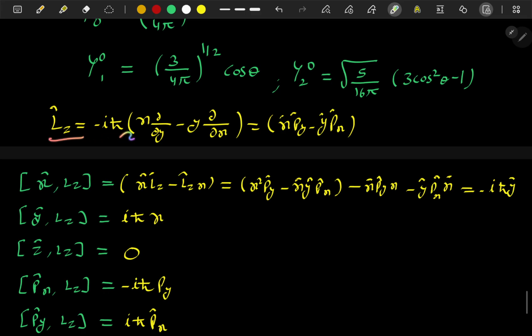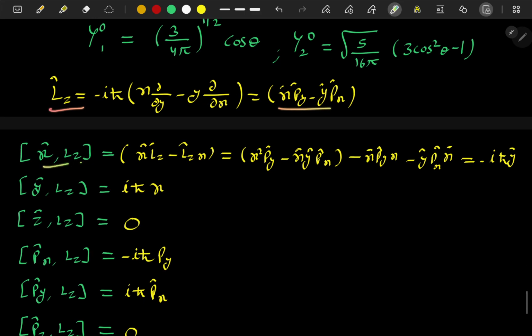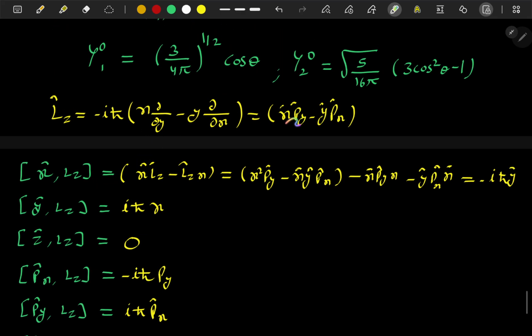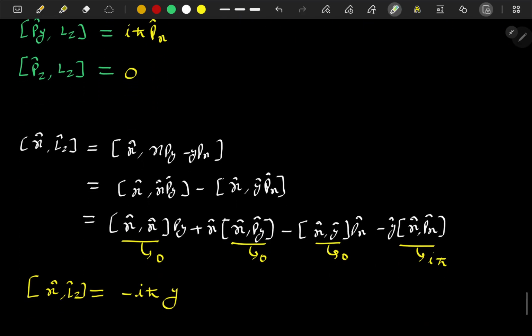Now Lz can be defined as x py minus y px. So the commutator of x with Lz is x py minus y px, which gives x cap py commutator and y cap px commutator, and the commutator of x with px is i h cross.